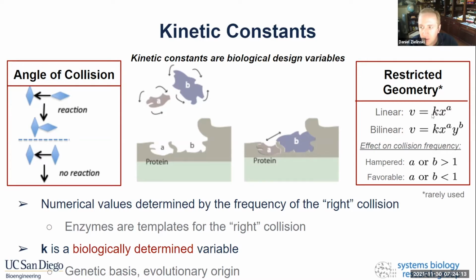So there's some relationship between the rate and the concentration, but it's not like every single time they encounter each other, they'll react. And you could think of it as if there are factors that restrict the geometry, or restrict the likelihood of them encountering each other with the right orientation, then we even can have to modify the terms on the mass action.